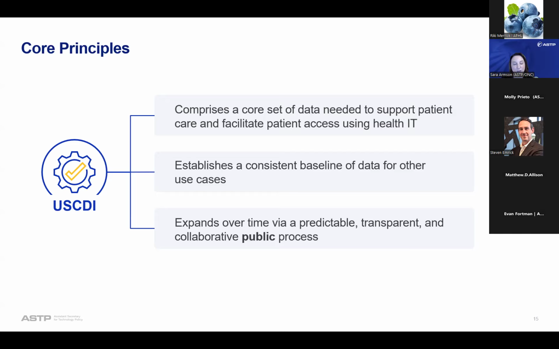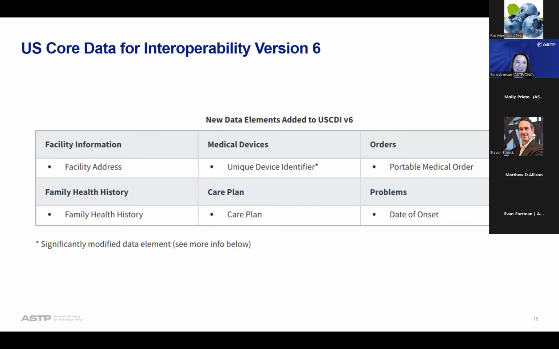So we develop a draft version of USCDI. We ask for public feedback. We then put out the final. We ask for public feedback, which then informs the next draft. So we just released USCDI version 6. This is the final version.